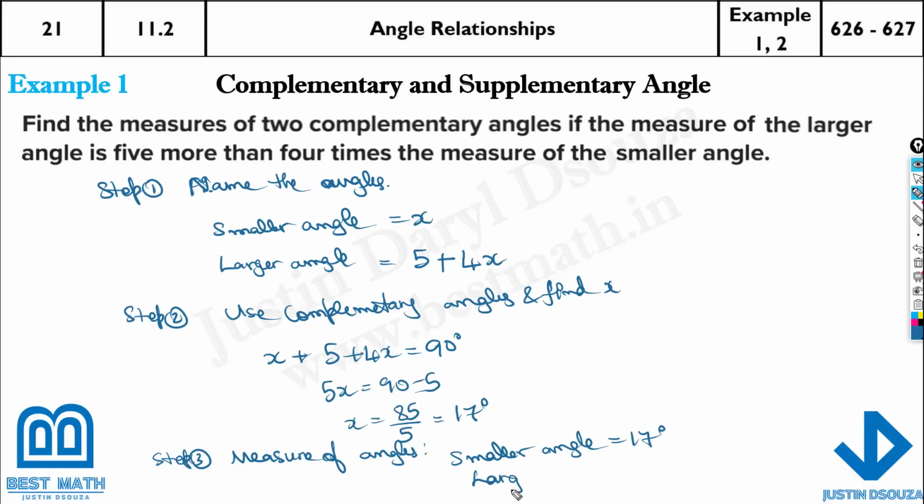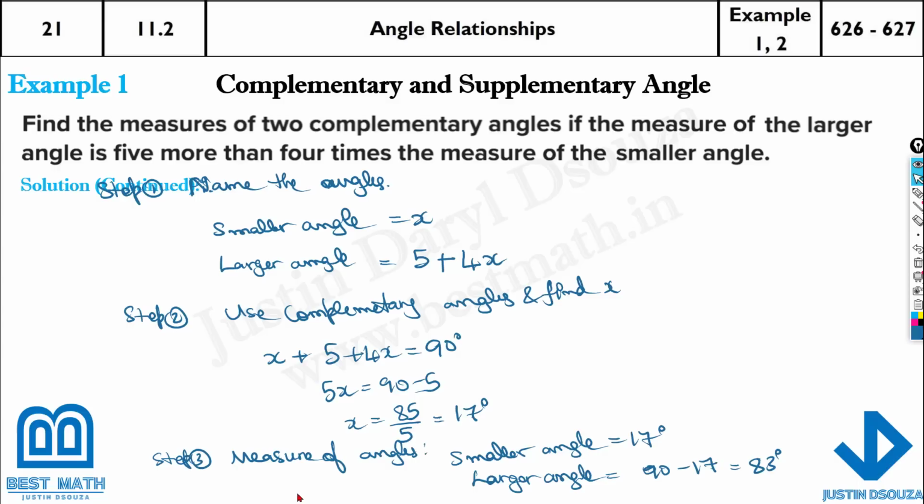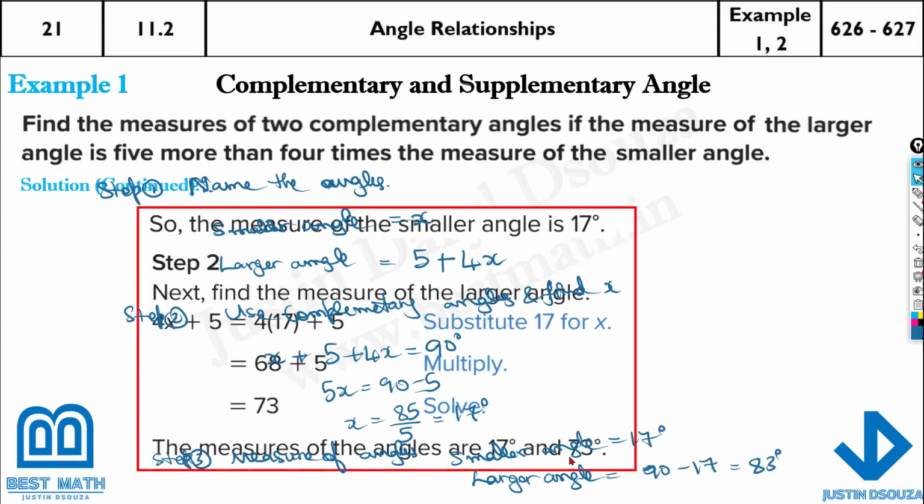Larger angle, you can directly write it, or instead of using 17 times, I'll just do 90 minus 17 because we know it's complementary. So 90 minus 17, that's going to be 73 degrees. So this is how you need to write in steps. If you write these 3 steps, you will get full marks in writing. So x was 17. That is over here, the measures are written.